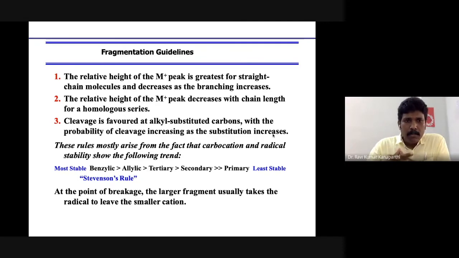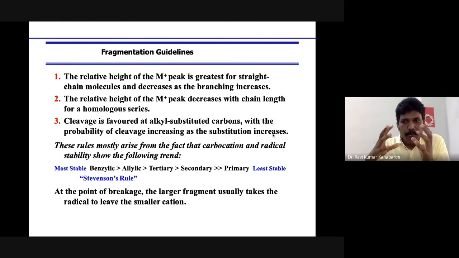And then the most stable one is the benzylic one. You know that very well. The benzene ring, attached to a CH2, and then something else. Just imagine a molecule like phenylethane, where you have a benzene ring and then CH2, CH3.